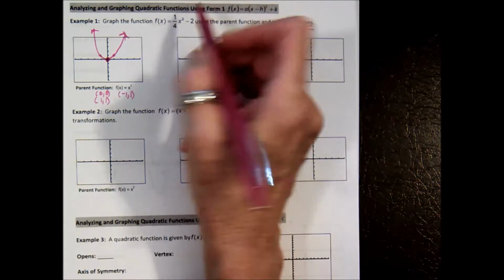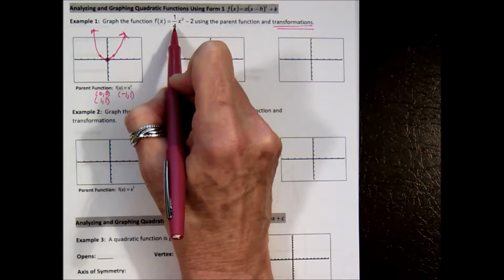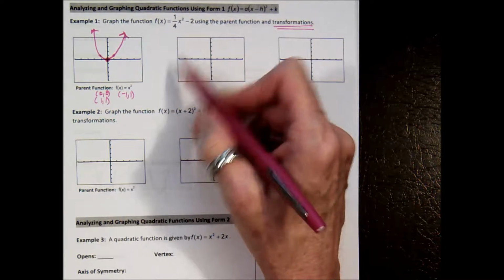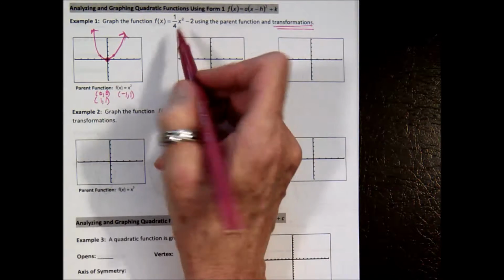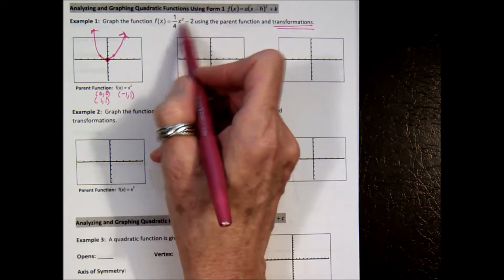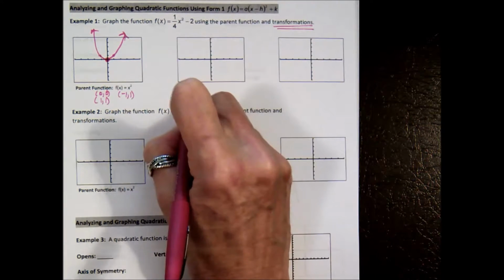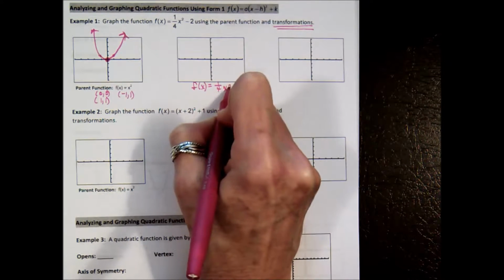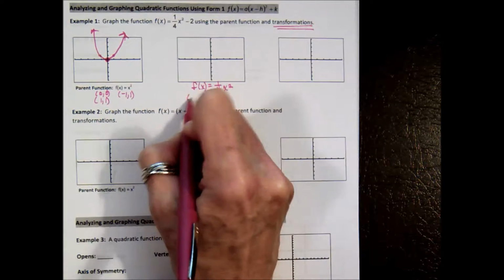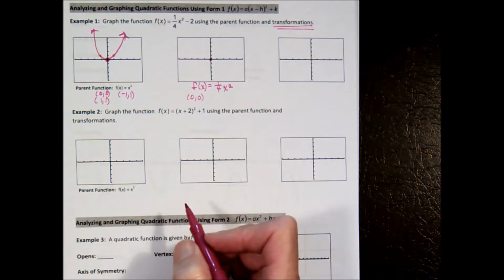Next, what we want to do is this vertical compression by 1/4. Remember, when it's a fraction, it's lazy. It opens up less. So the x squared is going to be multiplied by a fourth. f of x equals 1/4 x squared is still going to give us the point 0, 0, so it's still sitting here. It hasn't moved.